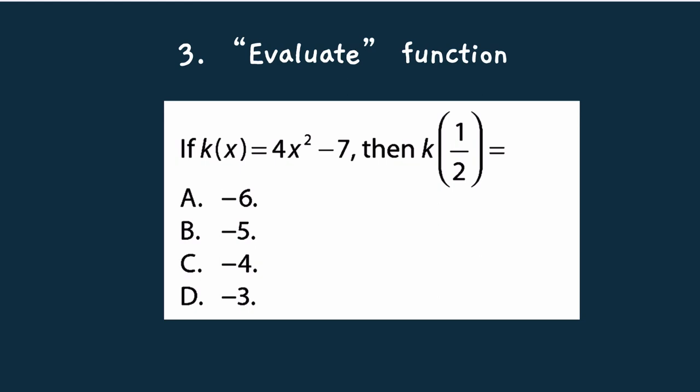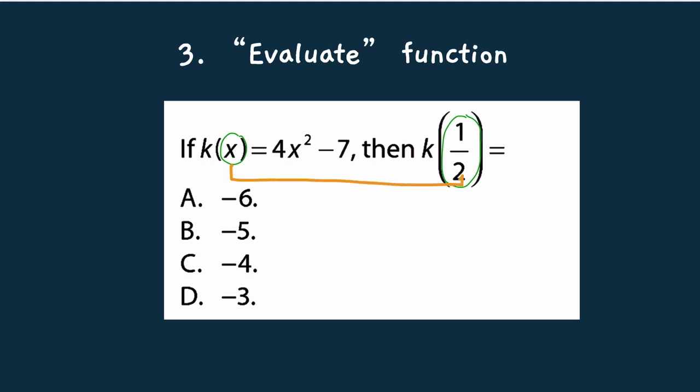They said if k(x), this is a function, equals 4x squared minus 7, then k(1/2) equals what? They ask me to find the value when we substitute x by 1 over 2. Why do I know we need to substitute x? Because look at it, this is in the same position as x.